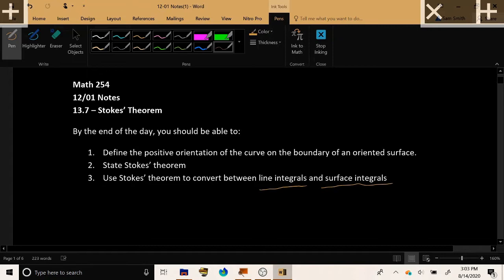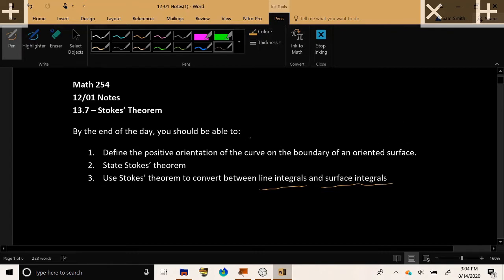That way, if one of those integrals happens to be difficult and we don't want to take the time to do it, we can convert to the other, and potentially the other one will be easier than the first. So our goals for today are we need to build up a little bit of terminology in terms of positive orientation of a curve that bounds an oriented surface.